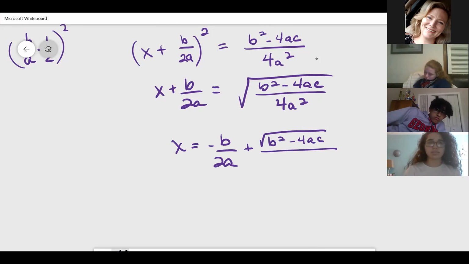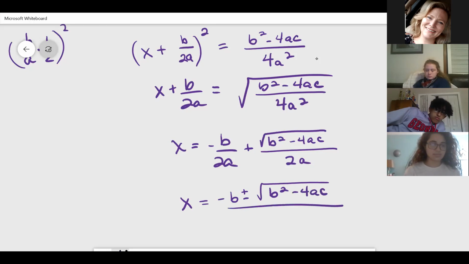The square root of 4 is 2, and the square root of a is just a. So now when I combine those two together, I've got x equals negative b plus or minus the square root of b squared minus 4ac, all of that over 2a.